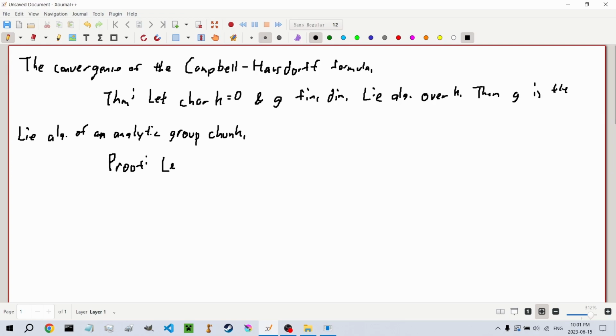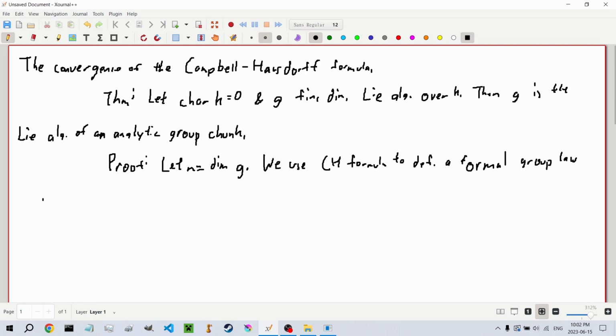In the proof, we're going to let n be the dimension of G. We will use the Campbell-Hausdorff formula to define a formal group law F in n variables such that, first off, F is convergent.